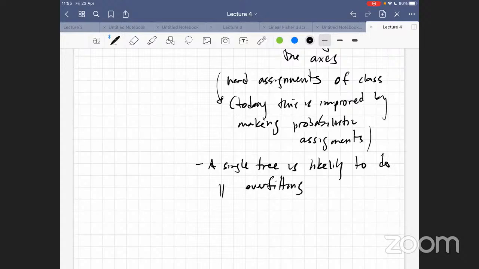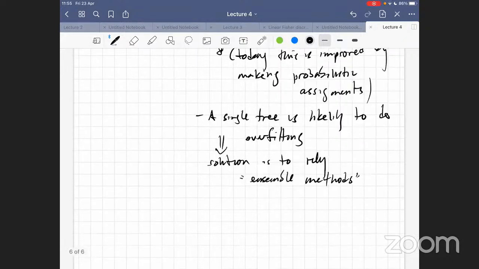There is a cure for this. The solution nowadays is to rely on ensemble methods, where, for example, you propose several decision trees which are not very deep.